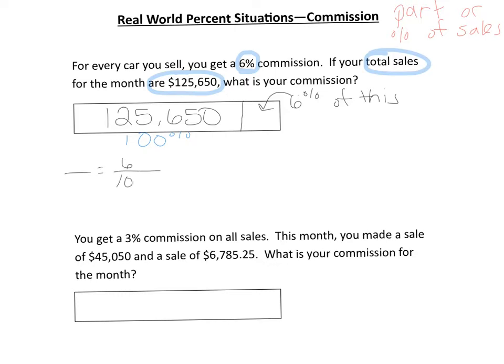6 out of 100 is equal to, I'll use C for commission, over 125,650, which we could cross multiply as normal.